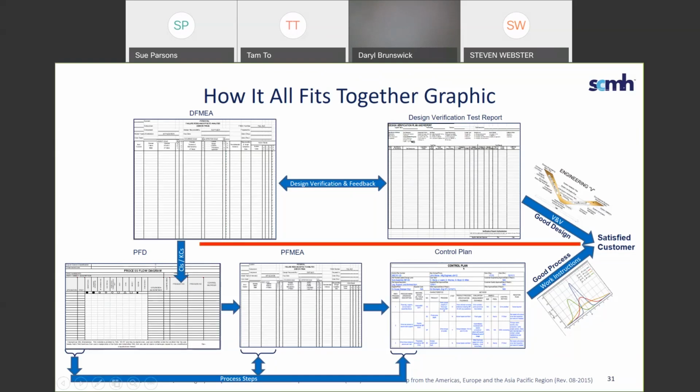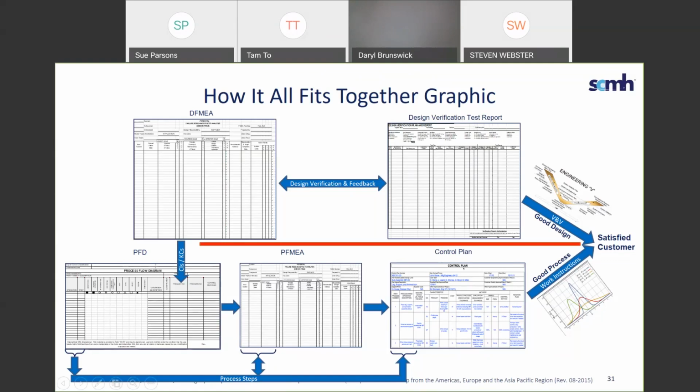So all these tools that we're talking about here all interact in order for the APQP process to fully realize the benefit of all the tools. They have to be used together and harmoniously.